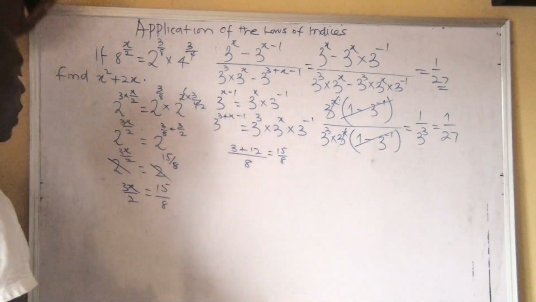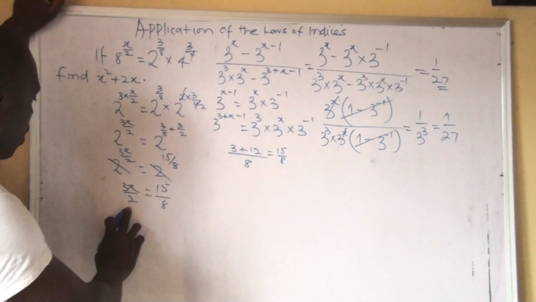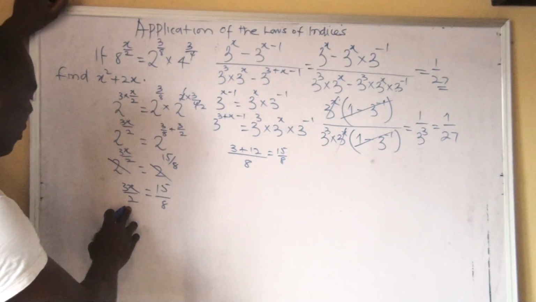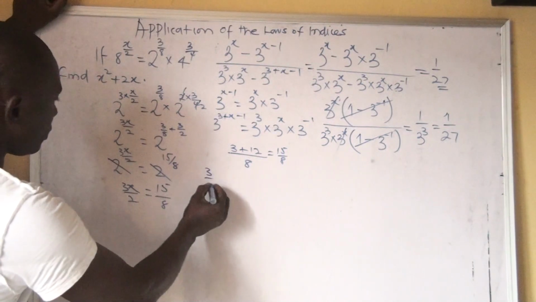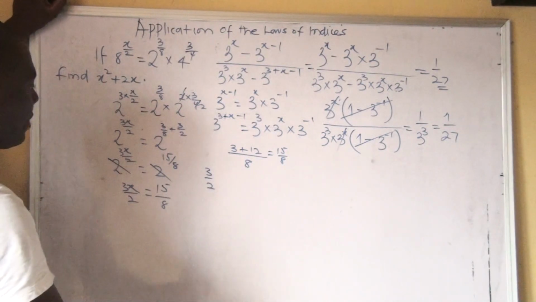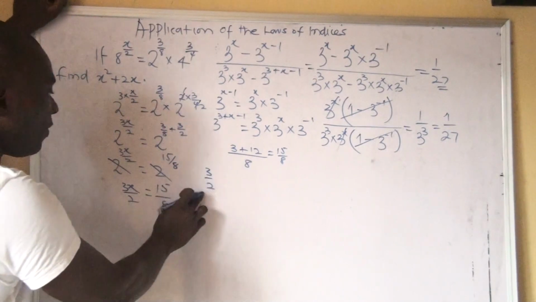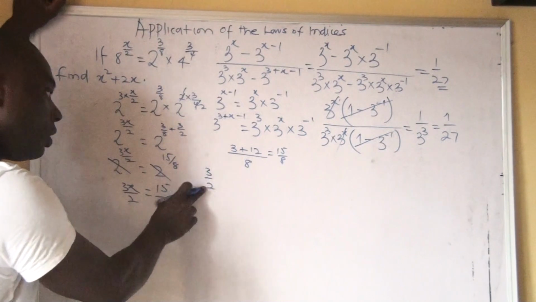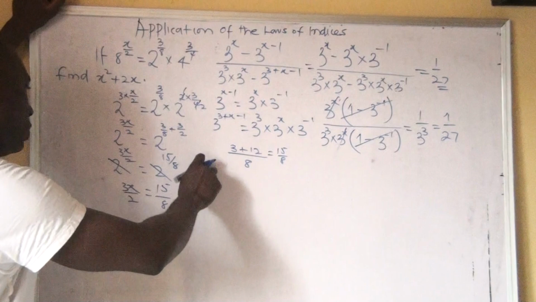Now because we are looking for only x, what we need to do is multiply both sides by the multiplicative inverse of 3 over 2. Multiplicative inverse simply means you write the denominator to be the numerator and the numerator to become the denominator.